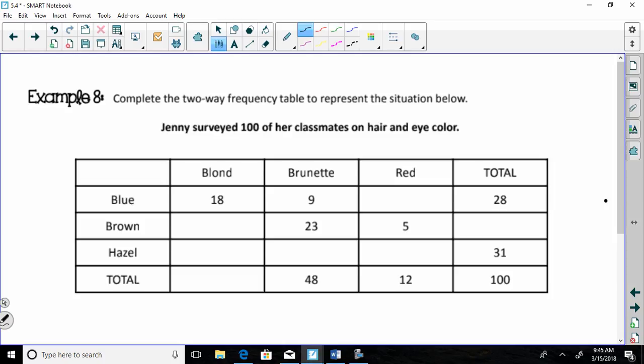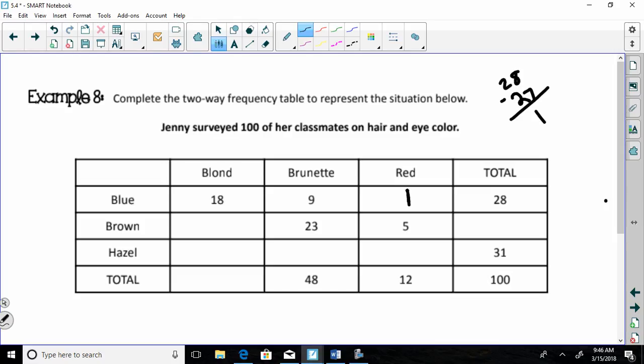And so first of all, let's look at this row right here. We have 18 blonde, 9 brunette, but altogether there's 28 total. How would I find how many people are missing the red? Subtract. So let's add, what's 9 plus 18? 27. And then what's the difference between 27 and 28? 1.